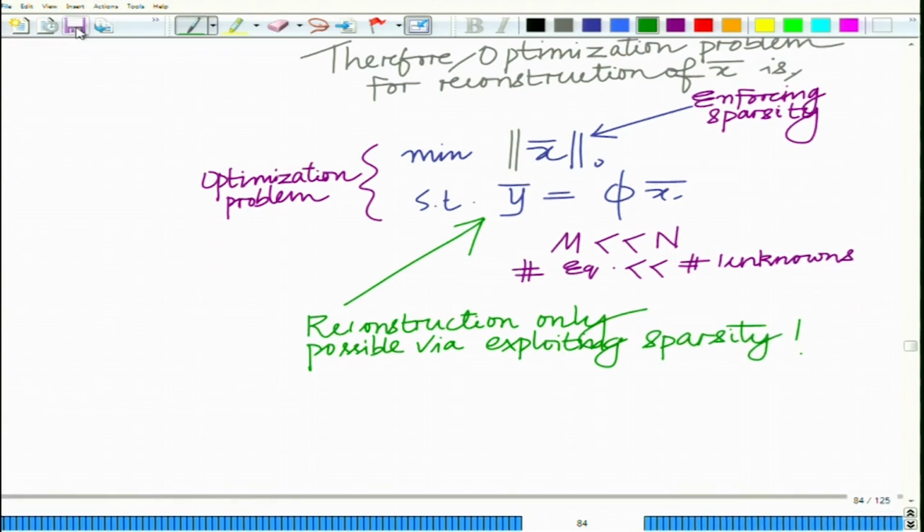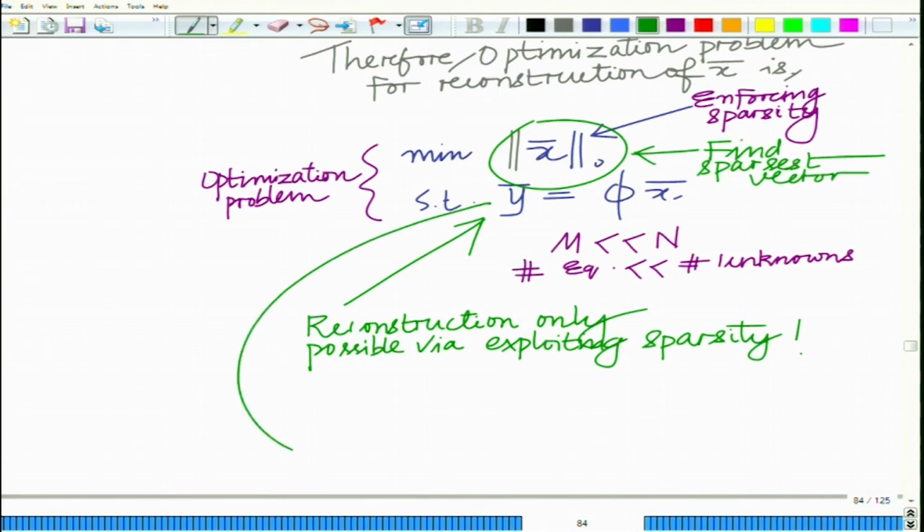So, what does this mean? You are enforcing sparsity, which means you are finding the sparsest vector which satisfies the observation model. So, that is what this optimization problem is.